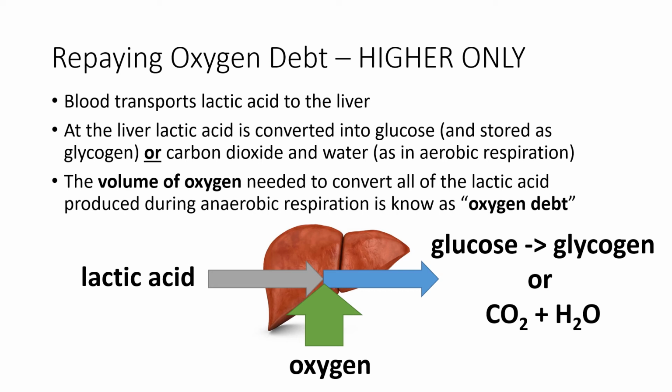Or, if the glucose isn't necessary, it will be turned into glycogen and stored in the liver. Remember, the term oxygen debt refers to the volume of oxygen needed by the liver to get that lactic acid broken down back into glucose and then eventually into glycogen or carbon dioxide and water.